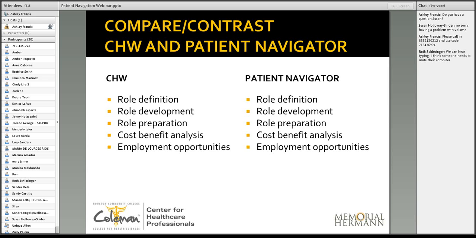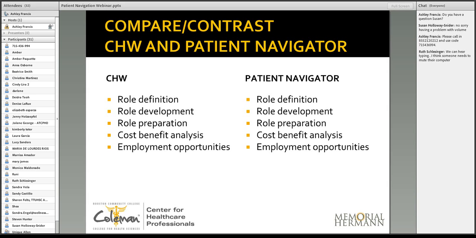So in conclusion, in comparing the role of the CHW and the patient navigator, the patient navigator is focused on one specific health issue within a clinical setting, whereas the community health worker has a wider range of community health issues, and certainly they practice navigation.